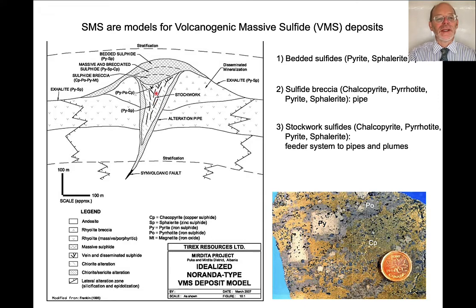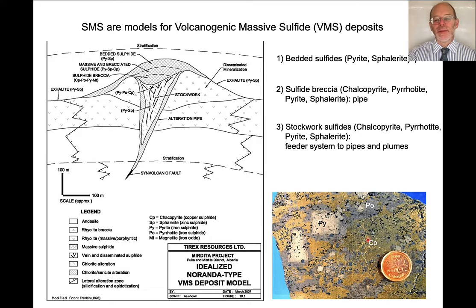There's a region at depth where there's a bunch of pyrite, pyrrhotite, which is another iron sulfide, and chalcopyrite precipitating, and there are these beds of sulfides which are interpreted to be the rainout from the black smokers.